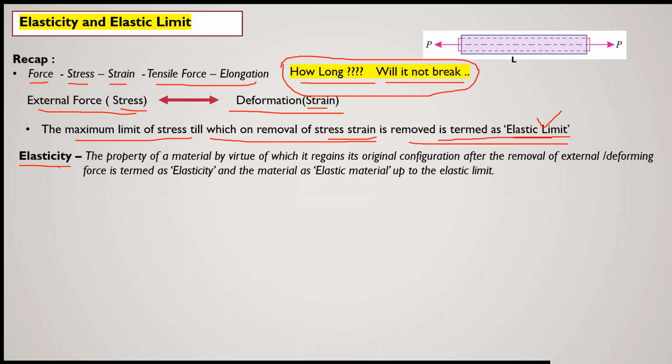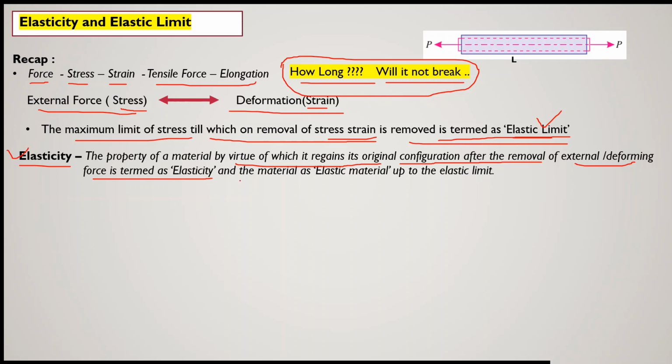So what is elasticity, which is very important to understand? The property of a material by virtue of which it regains its original configuration after the removal of the external or deforming force is called elasticity. So it is very clear: if you apply zero force, there will be zero strain. If you increase force, there will be an increase in strain.